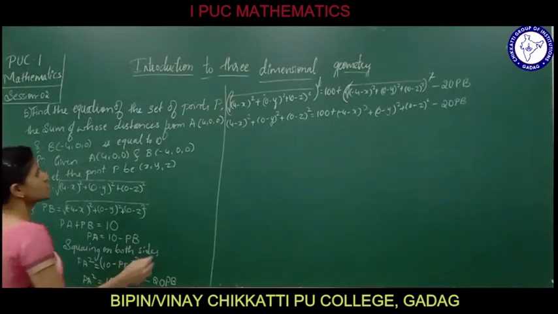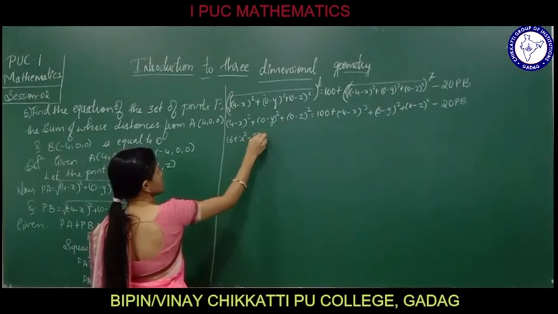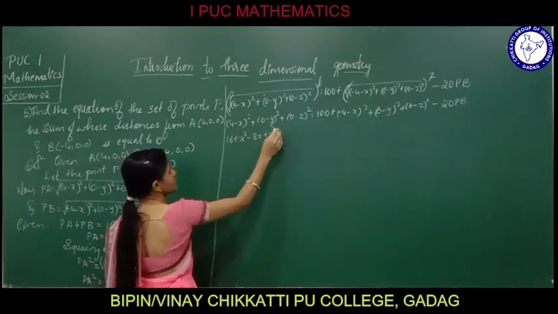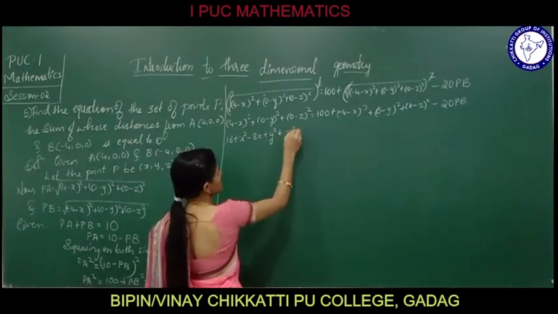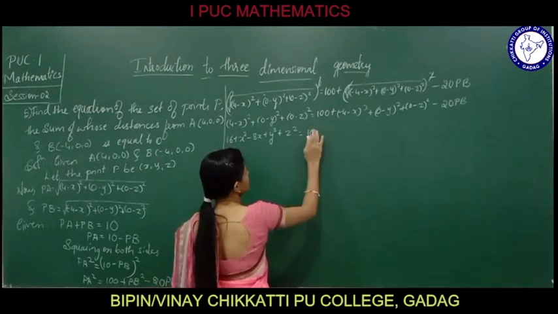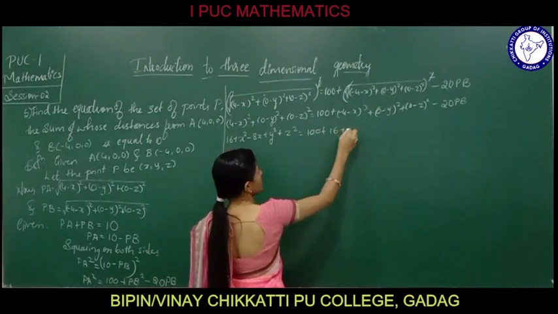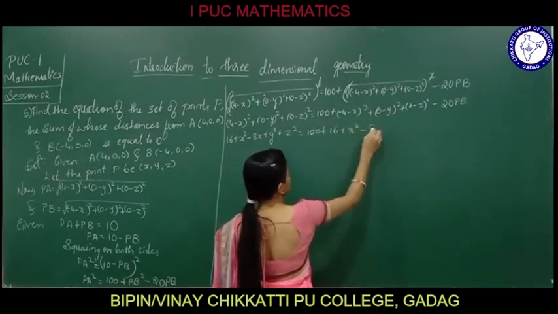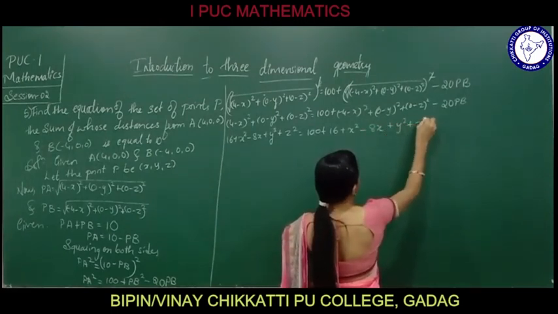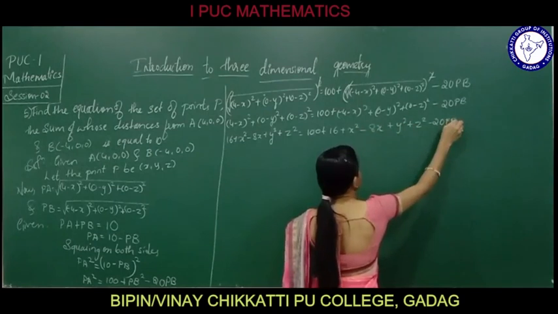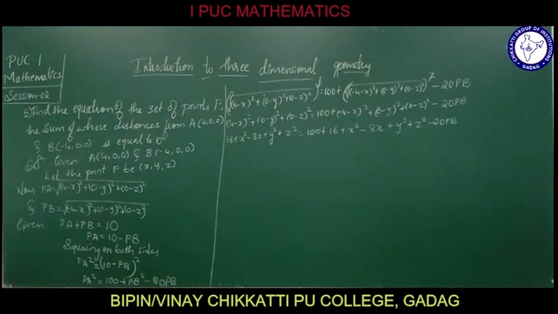That is 4 square is 16 plus x square minus 8x plus y square, because 0 minus y is y itself, plus z square is equal to 100 plus minus 4 square is 16 plus x square minus 8x plus y square plus z square minus 20 PB. What we have done here is applied a minus b whole square.